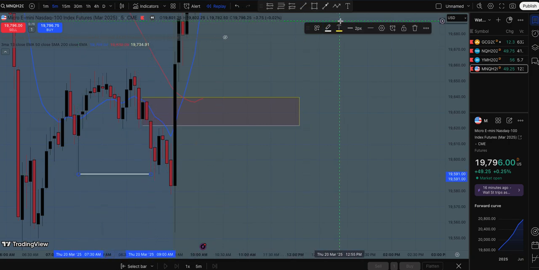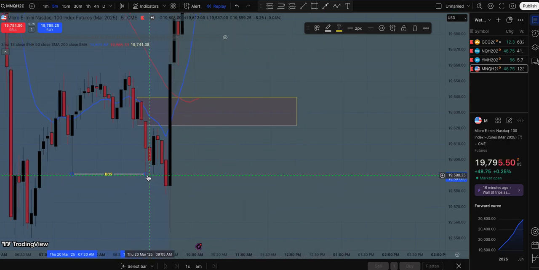So let's show what we do today. Once we get the breaker structure is when the candle, the body or the wick, comes down and, well, not necessarily closes, but comes down and surpasses this point, the lowest point in this case.